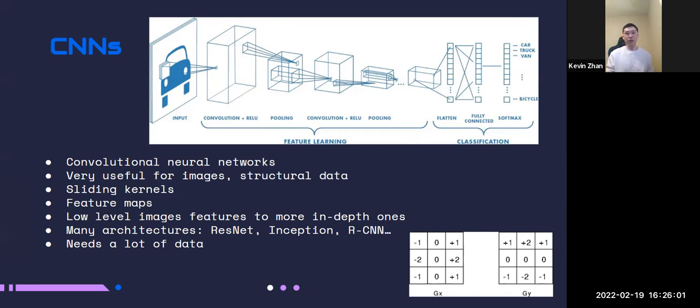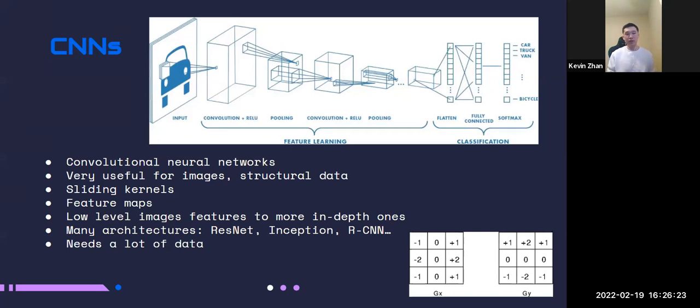The shallower layers of the CNN represent more basic features, like edges or color blobs. As we get deeper in the layers, we get more advanced features such as maybe faces or organs.